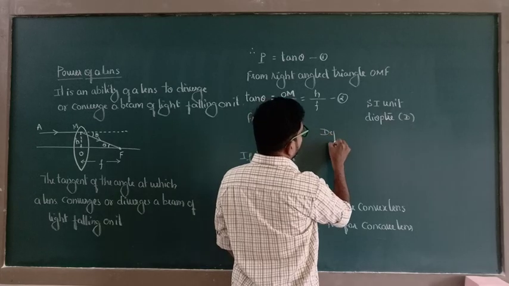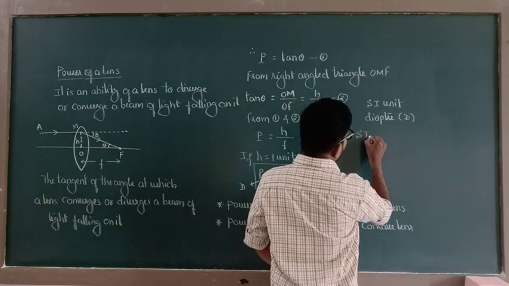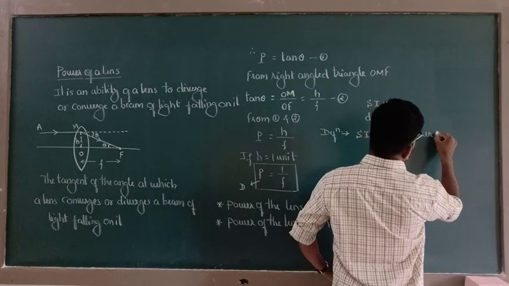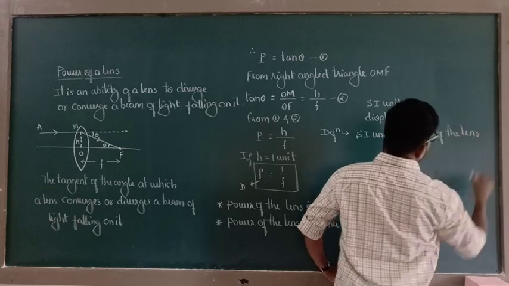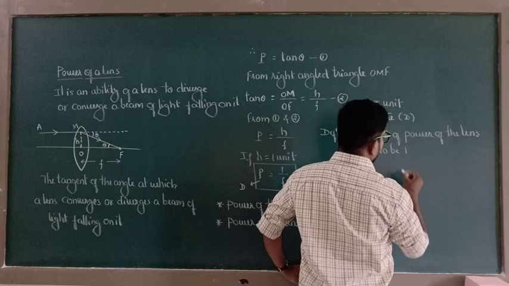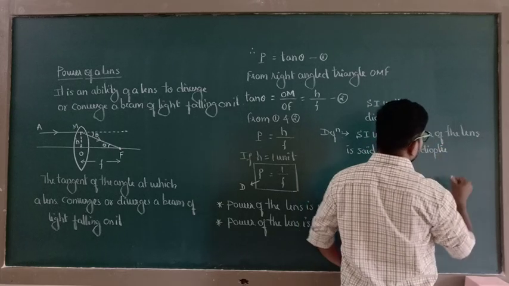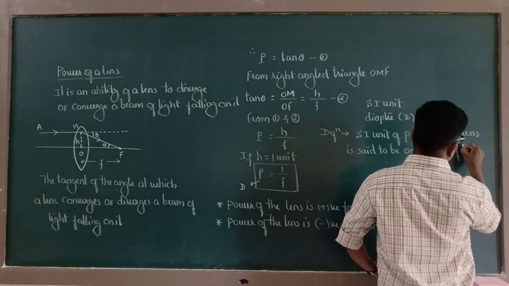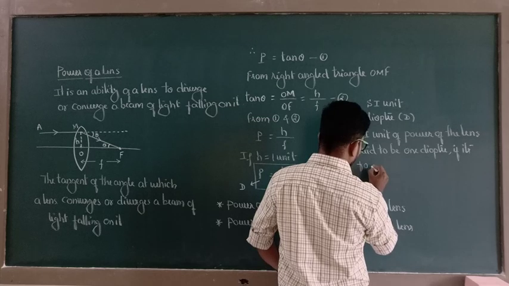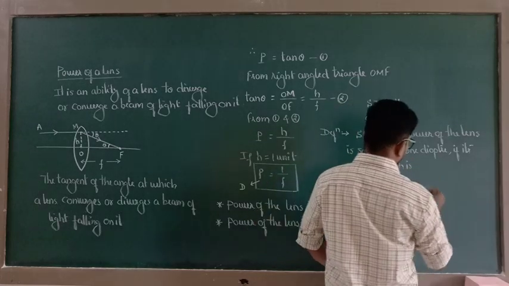So, definition: SI unit of power of the lens is said to be 1 diopter if its focal length is 1 meter.